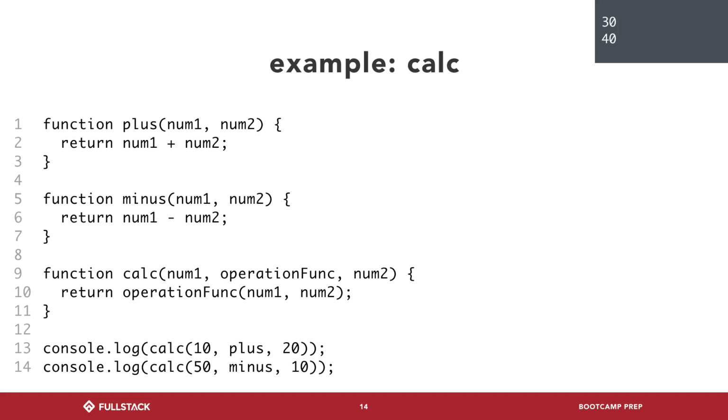It doesn't actually matter in this case what operation func is. It matters what operation func returns, because we're invoking operation func. Operation func is going to return a number, and then calc is going to return back a number. So when we run this, we get 30 and 40, respectively.